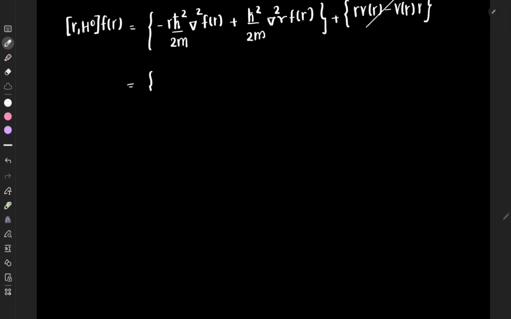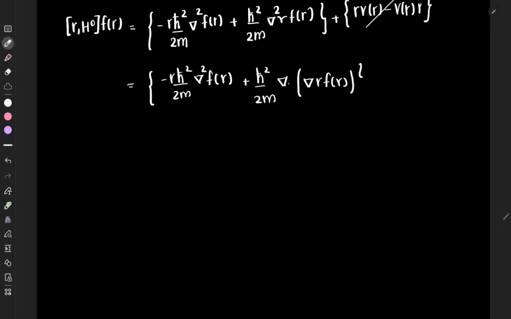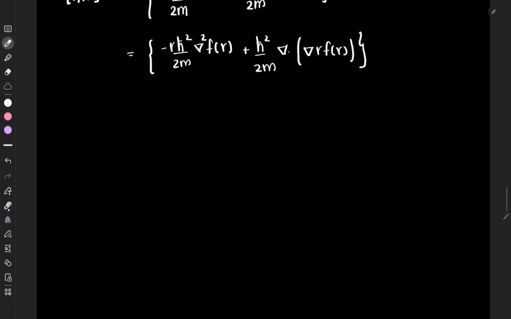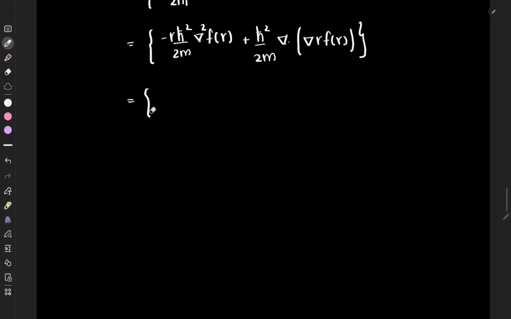We keep the first term the same, like minus r h cross square by 2m del square f of r, and the next term we can split open: 2m, del square can be written as del dot del, r f of r. Then multiply this thing here, so it will be minus r h cross square by 2m del square, the first term the same, but this one is h cross square by 2m with a del dot outside.